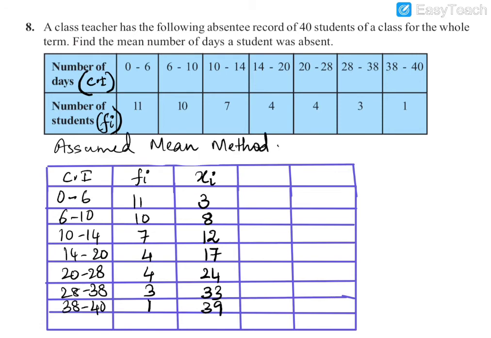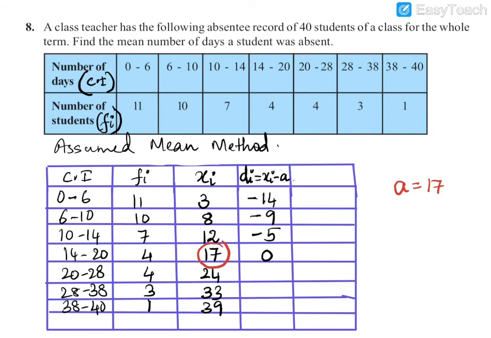So now we will choose a value of A. Let A be 17 in this data. Find the di value for each xi value, that is xi minus A. So for the first class mark, the di value will be 3 minus 17, that is minus 14. Next value will be 8 minus 17, which is minus 9. Third value will be 12 minus 17, which is minus 5.